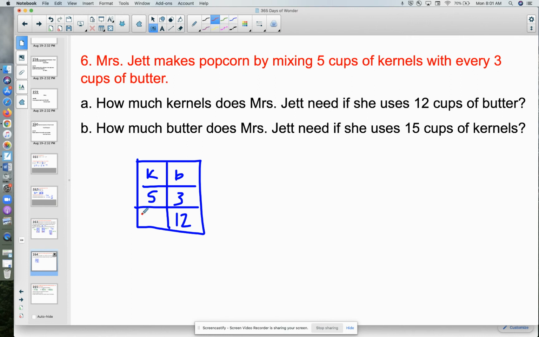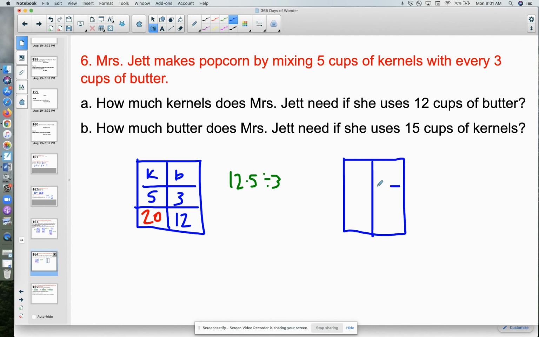Remember, pause it whenever so you can work on it. And how do we figure that out? One way is 12 times 5 and then divide by 3. Okay? And then you can do it again.